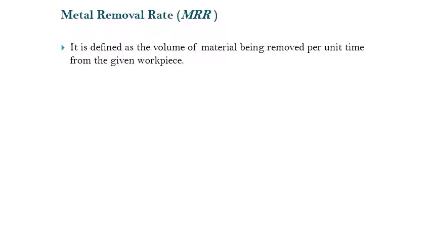How much volume of material is removed from the workpiece per unit time is called MRR. Metal removal rate is given by MRR = 1000 f d V mm³ per minute.